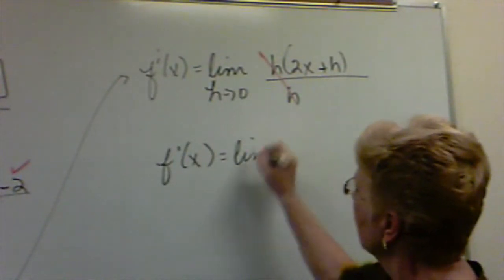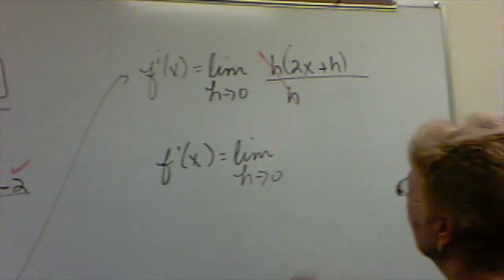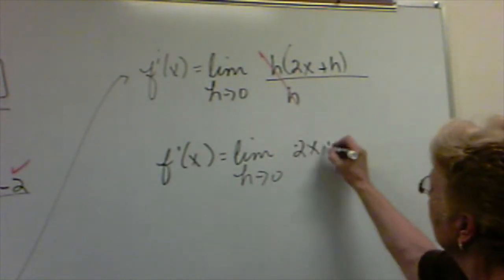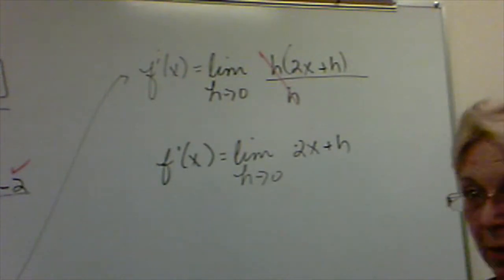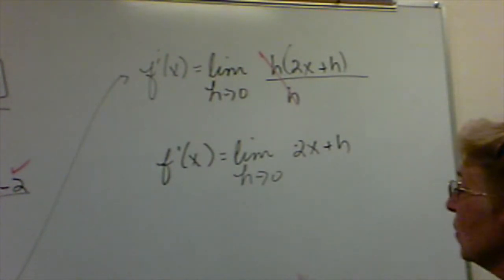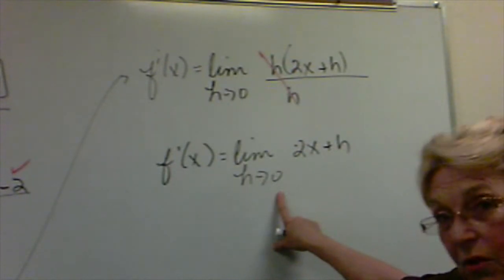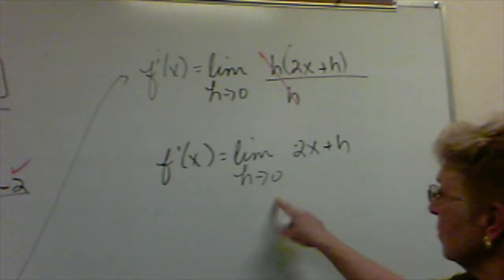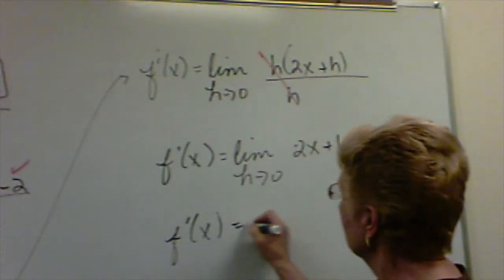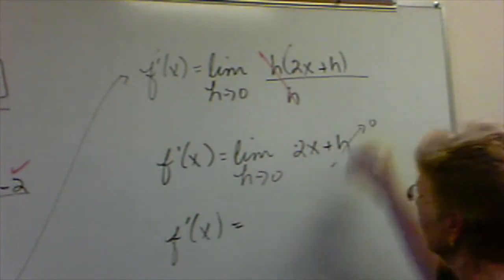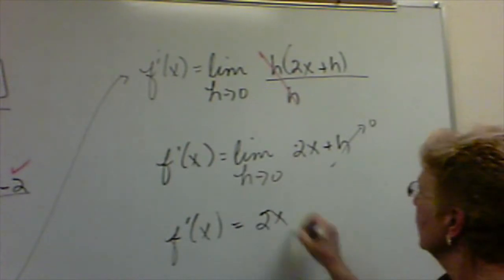Limit as h approaches 0 of 2x plus h. Now, notice no denominators to worry about. So we could actually let this get so close to 0, it could be 0. No danger. Equals, we're going to let it slide to 0, and we're going to get 2x.